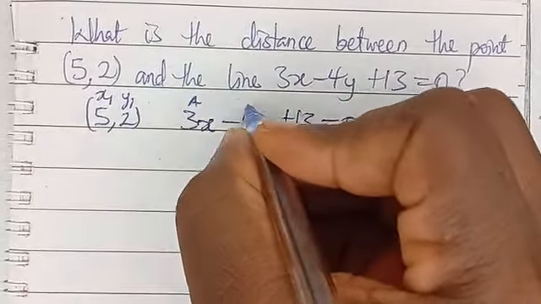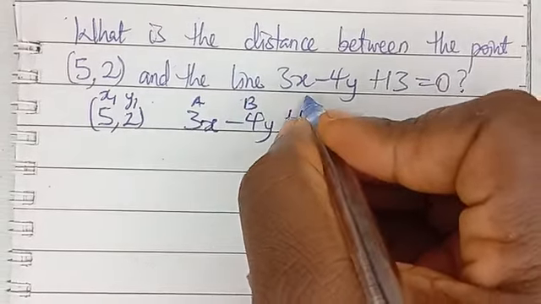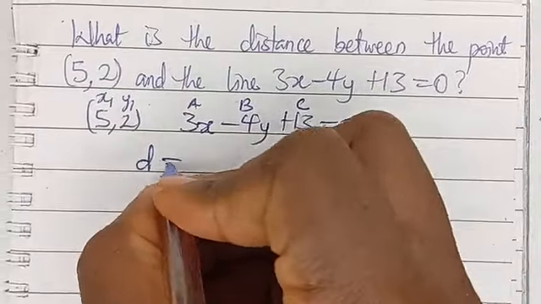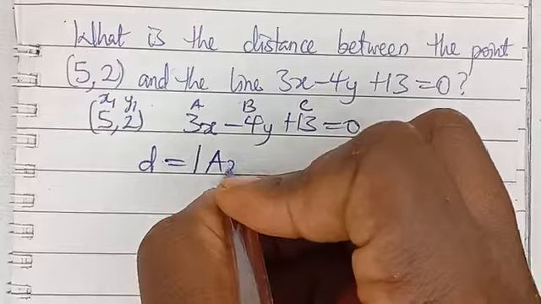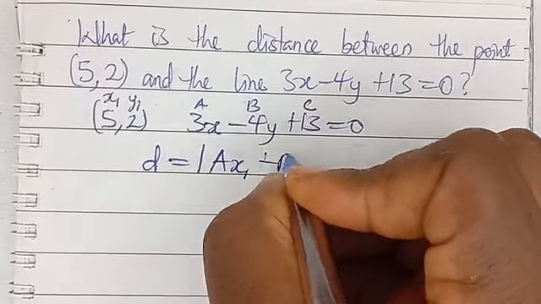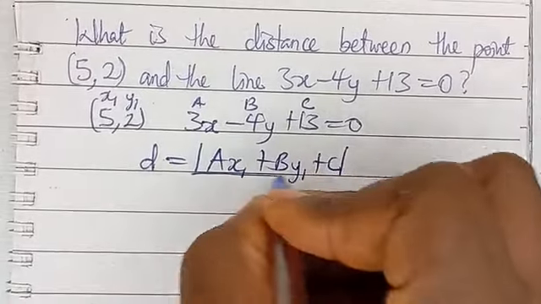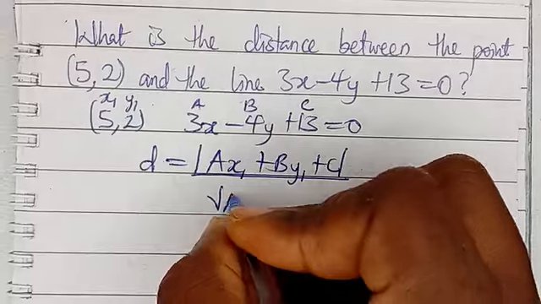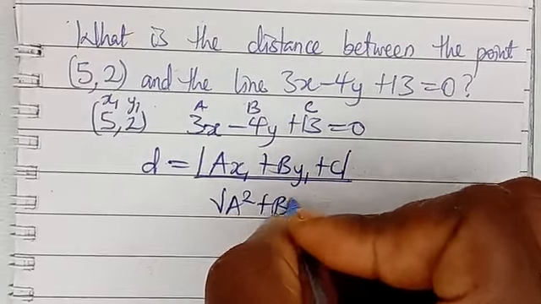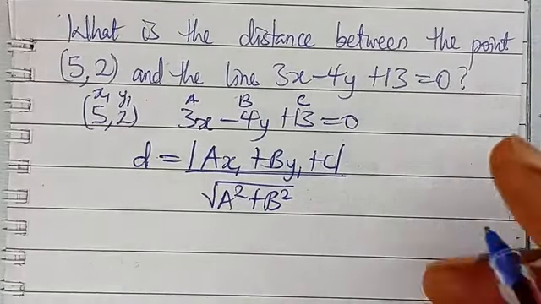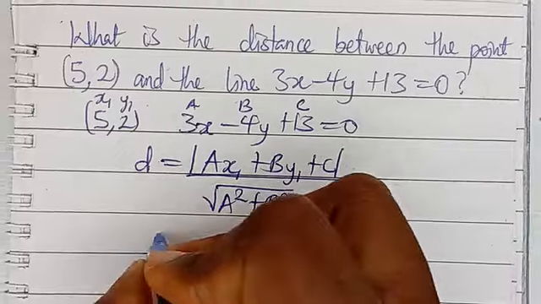This is a, this is b, -4, this is c, 13. Then the distance between a point and a line is given by the absolute value of ax1 + by1 + c divided by the square root of a squared plus b squared. You see, it's not difficult to know. Okay, so let us substitute.